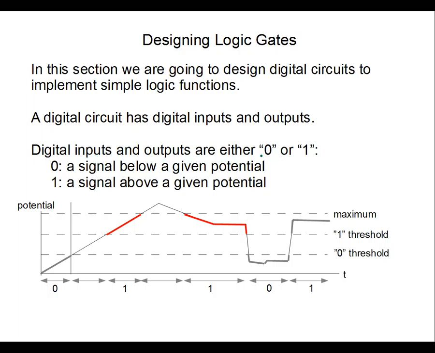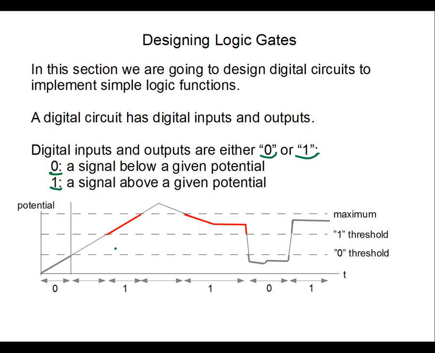A digital signal has an interpretation of being a 0 value or a 1 value. Generally, in most systems, not all, a 0 value is when the digital signal is below a certain given potential, and a 1 value is when the signal is above a given potential.